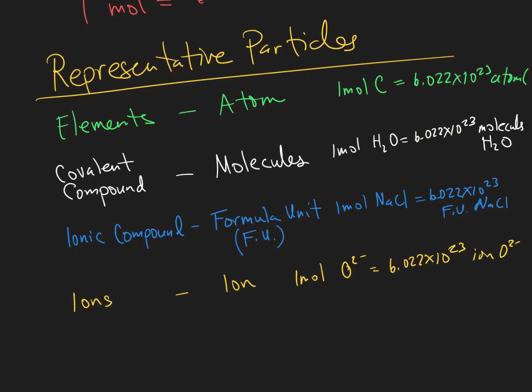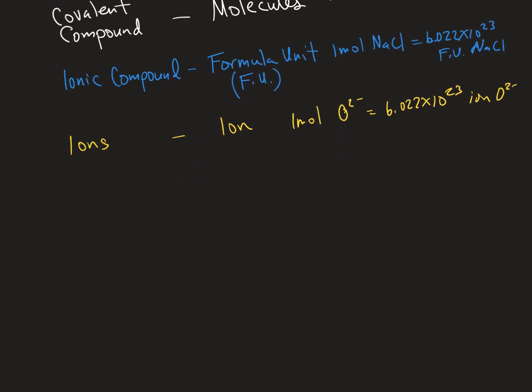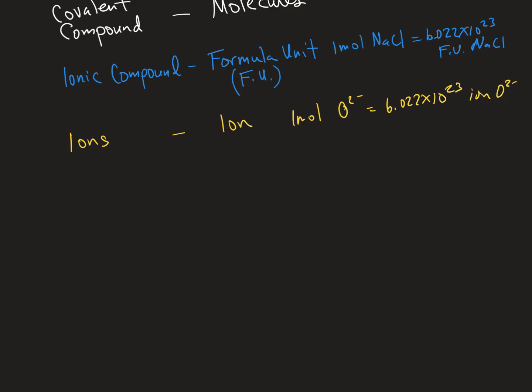So we learned the 4 different types of representative particles, and that 1 mole of anything is 6.022 times 10 to the 23 of that thing, particles of that thing. We okay on that? All right. So that's our first conversion factor we're learning today. We need to know it, at least for this unit exam. Okay.